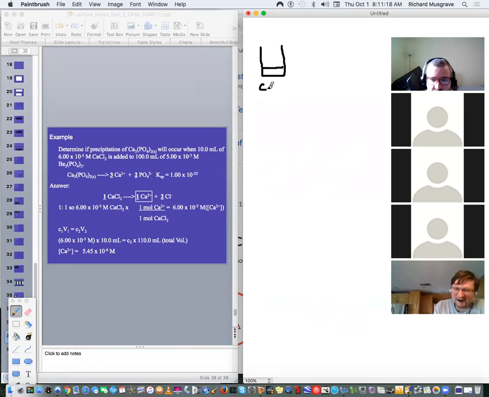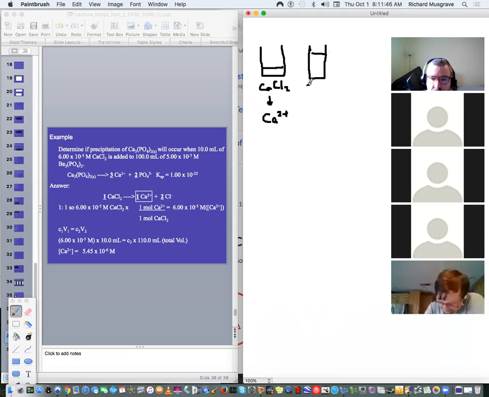This is CaCl2. But we're only interested in the Ca2+. The Cl- is a spectator ion. Now, how do I know what I'm interested in? Well, look at the equation you're given down below that's going to define your precipitate. It's calcium phosphate, so we're only interested in the calcium part of that. The chloride's just going to sit around in solution and do absolutely nothing.